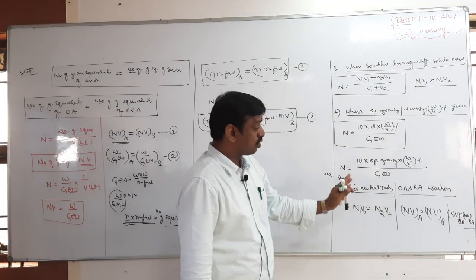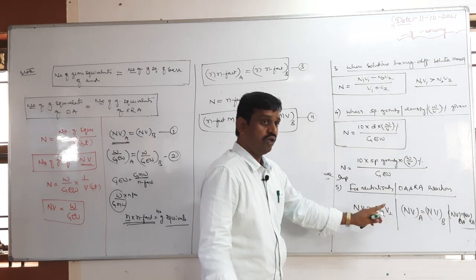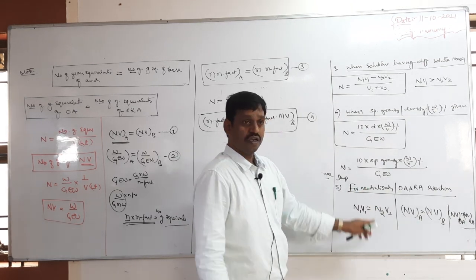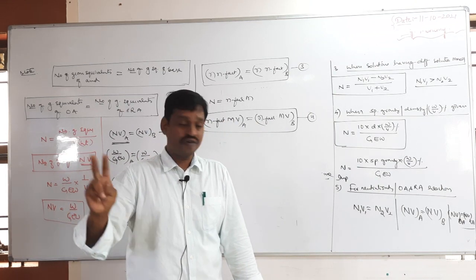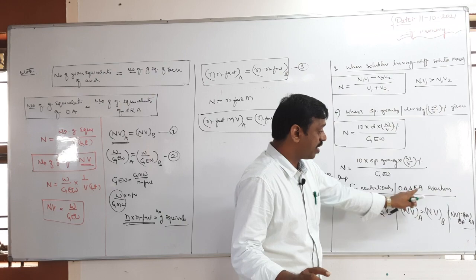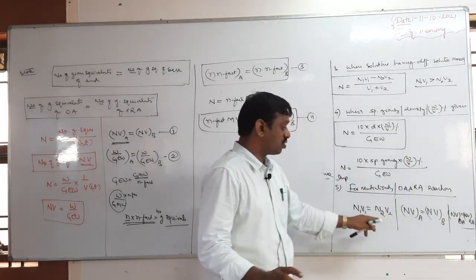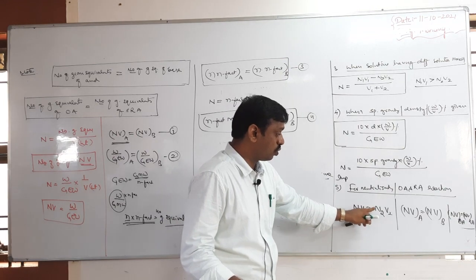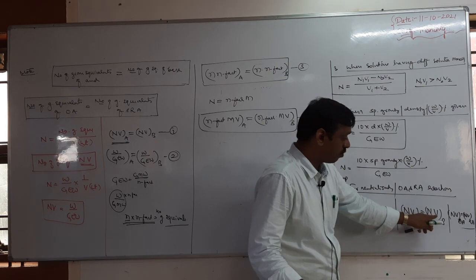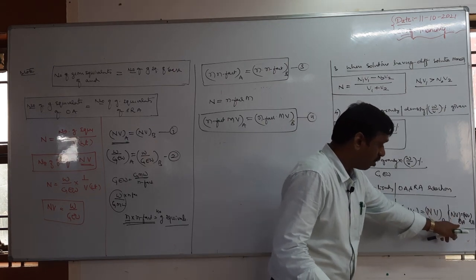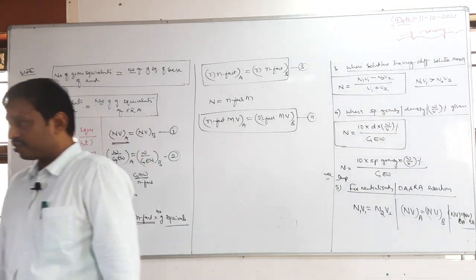As I told you, many questions are based on this only: N1 V1 equal to N2 V2. It is for neutralization. When acid reacts with base, it is called a neutralization reaction. When oxidizing agent reacts with reducing agent, in such cases use this formula, N1 V1 equal to N2 V2, or N into V of acid equal to N into V of base, N into V of oxidizing agent equal to N into V of reducing agent.